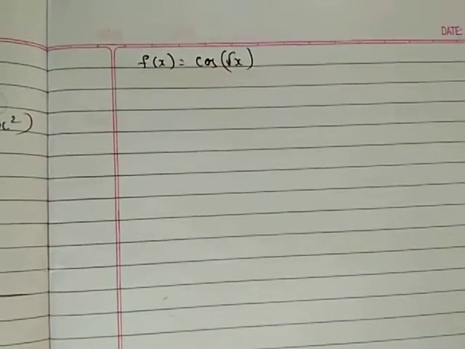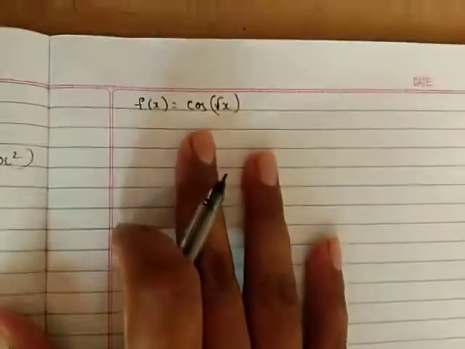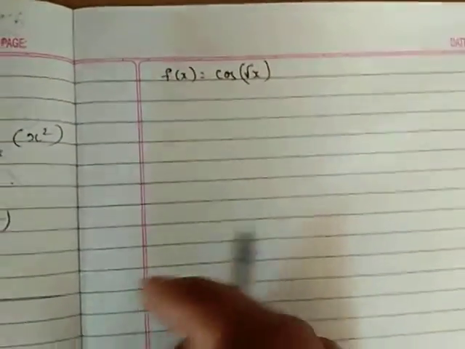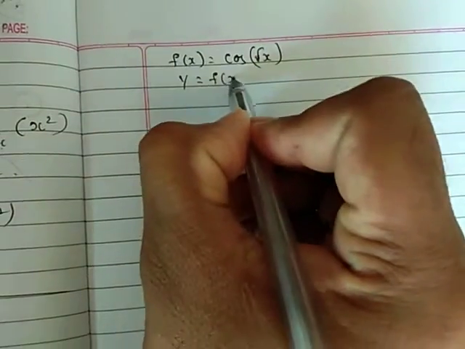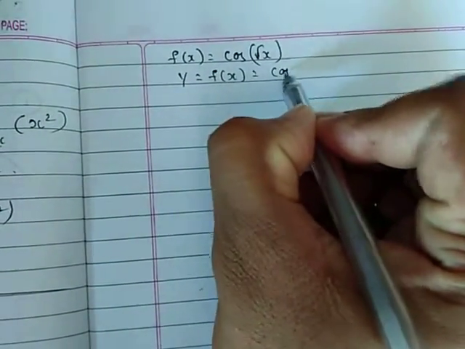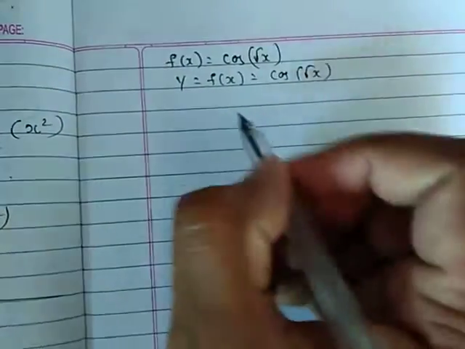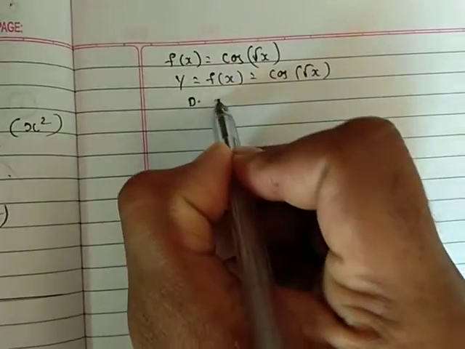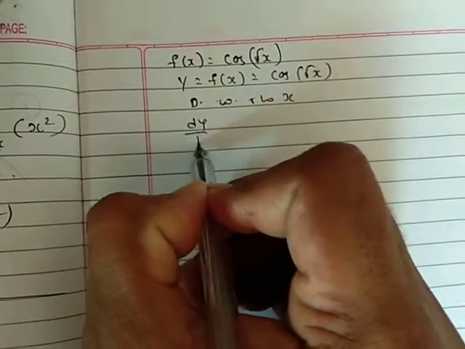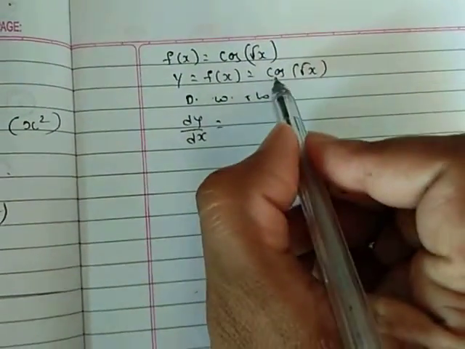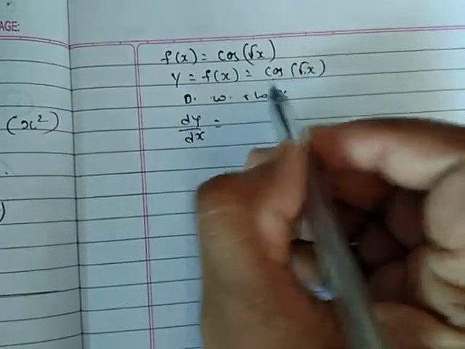So next problem, f of x is equal to cos of root x. So first we need to assign y is equal to f of x, which is nothing but cos of root x. So again differentiate with respect to x: dy by dx is equal to differentiation of cos x, which is nothing but minus sin x.